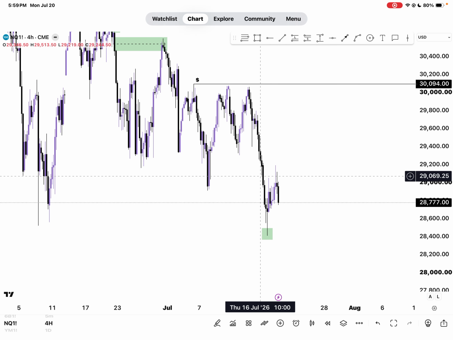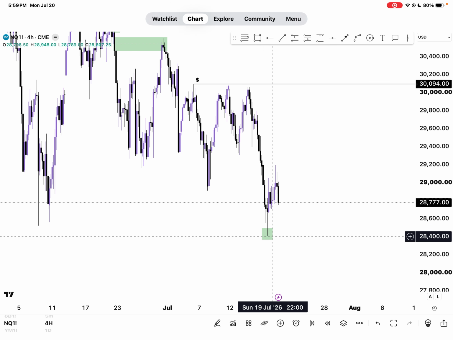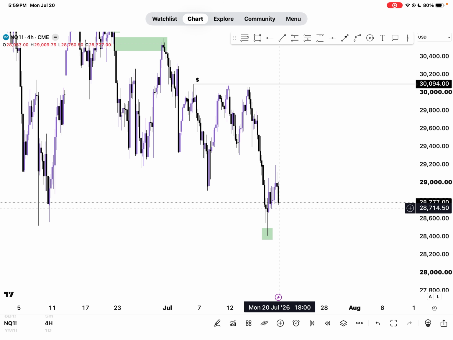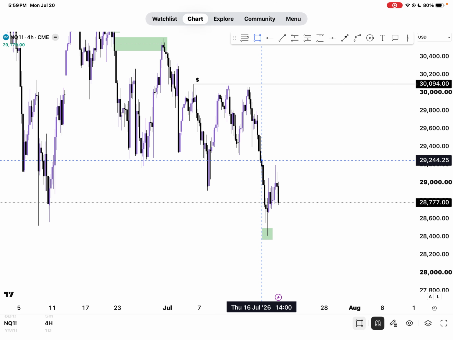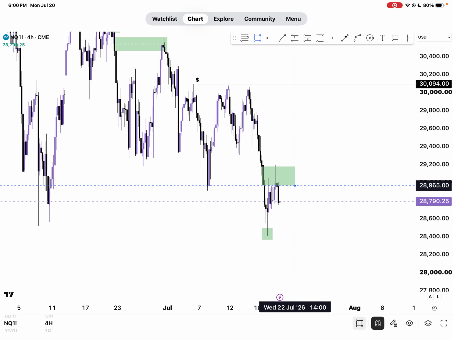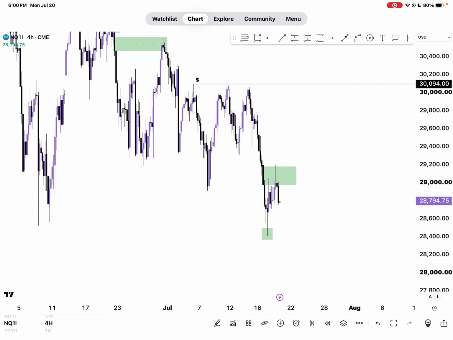Or we get mitigation, break of structure, or an action at this structural point, and then we have some sort of opportunity in form of inefficiency object that's created in order for us to continue lower. So we already have the mitigation here. This is just raw inefficient pricing. We already have the mitigation, and as the market opens, we'll see what happens.